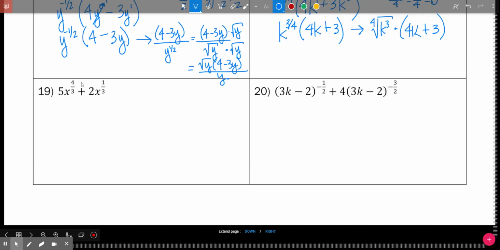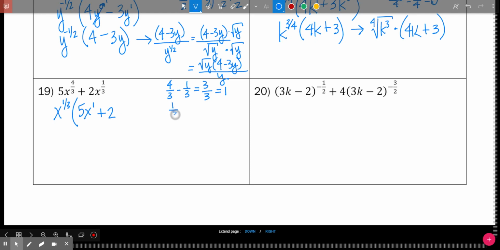Number 19, factor out the smaller exponent. So I have x to the 1/3 power. This is 5x. 4/3 minus 1/3 gives me 3/3, which is 1, plus 2.